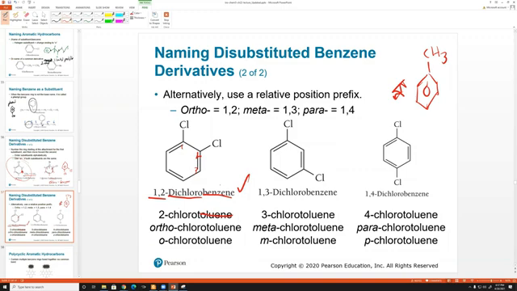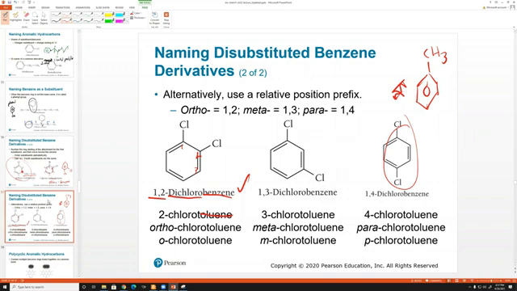But if you write orthochlorobenzene, that works too, or metachlorobenzene, same thing. Parachlorobenzene, it means this. So you have those three terms. Ortho means next to each other. Meta means one away. And para means opposite. Para is the easiest one to remember because it sounds like parallel, but it's the opposite side.